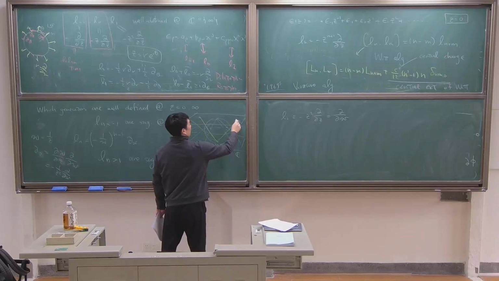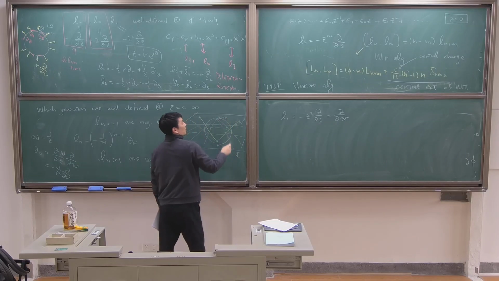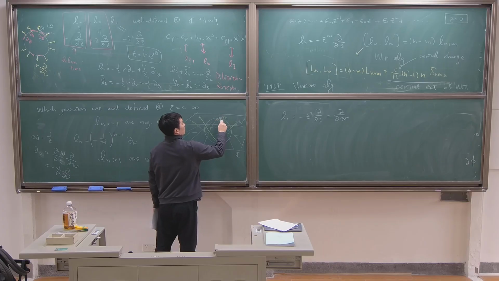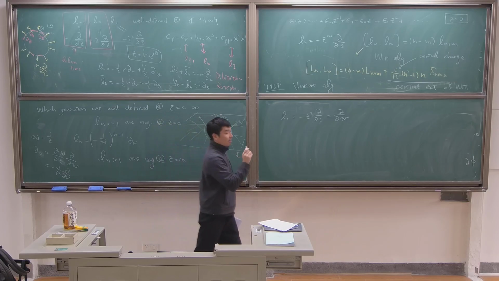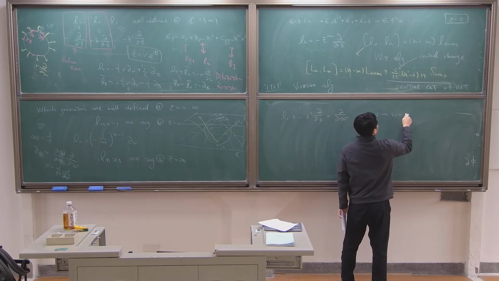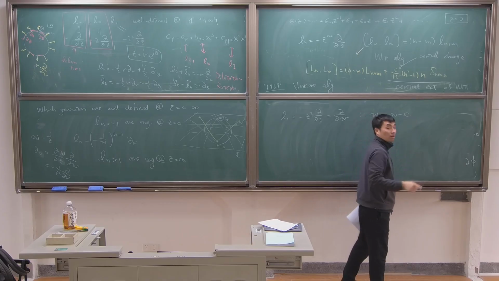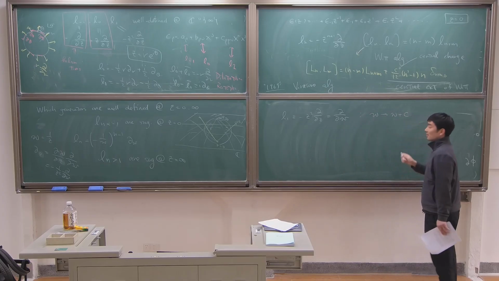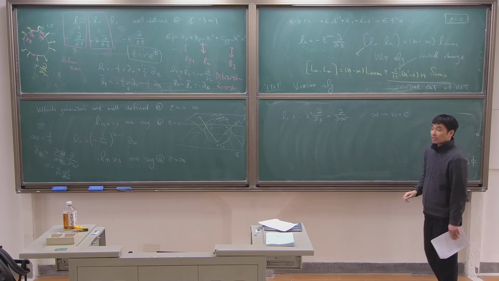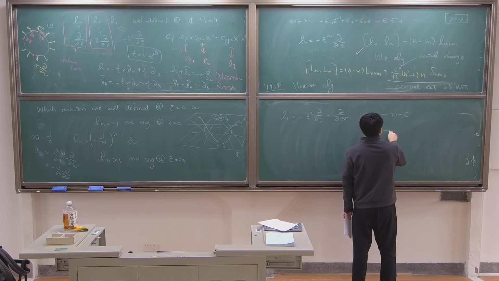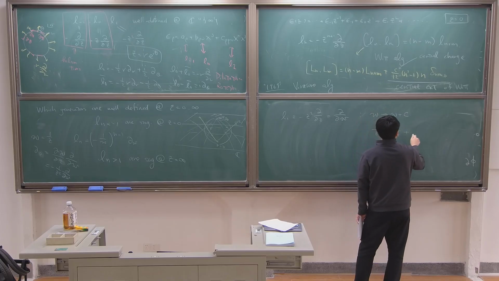So this is the z variable, this is the w variable, this is w equals 0, and it just shifts this by a translation in a holomorphic way. So this should generate w goes to w plus some constant c, a holomorphic translation. Then let's do the transformation: 1 over z goes to 1 over z plus c.